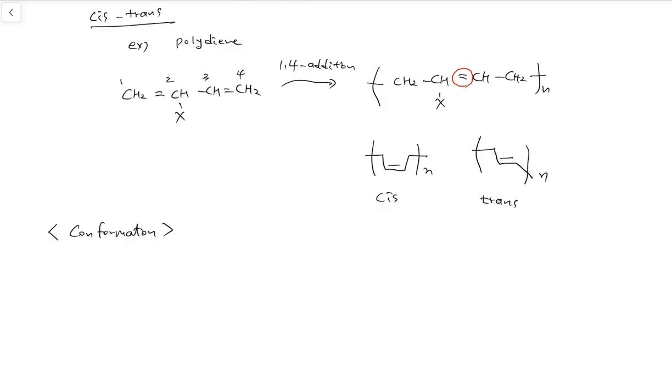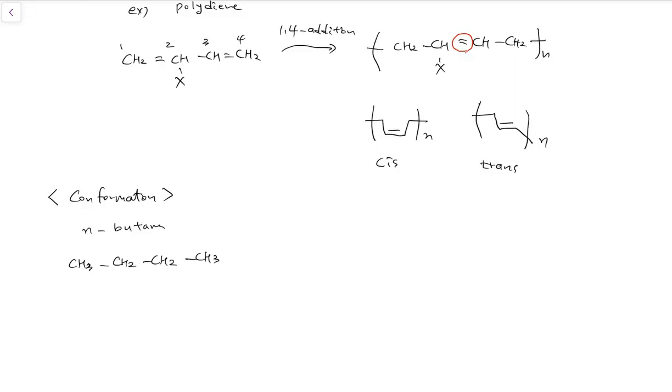Let's say we have, for example, normal butane, which has this structure. But in reality, normal butane does not have this linear structure. It has a three-dimensional structure, something like this, C, C, C, C, and all bonds can be rotated.